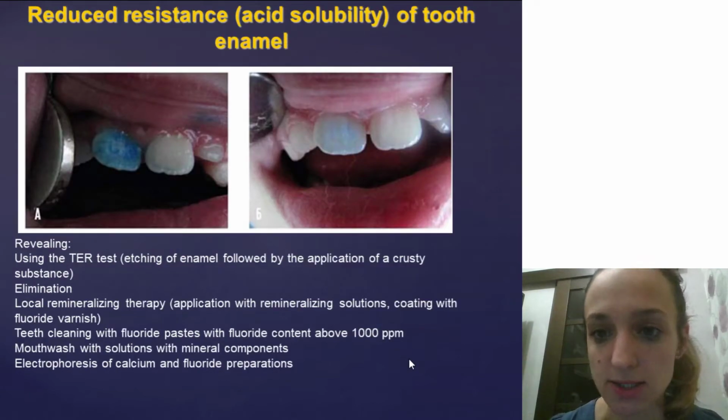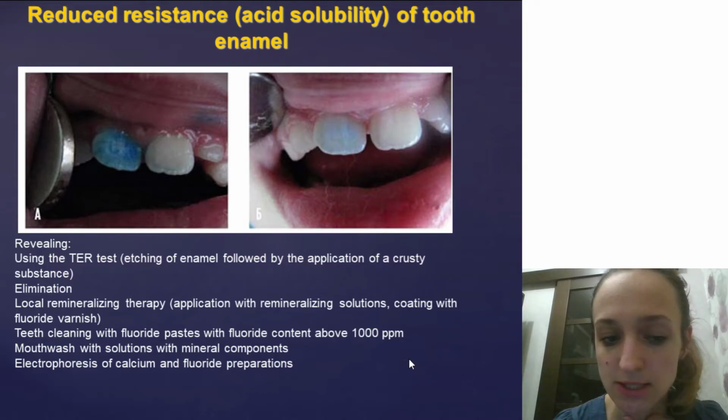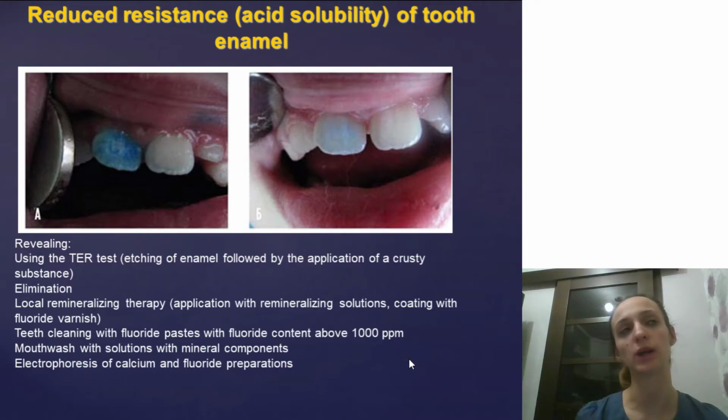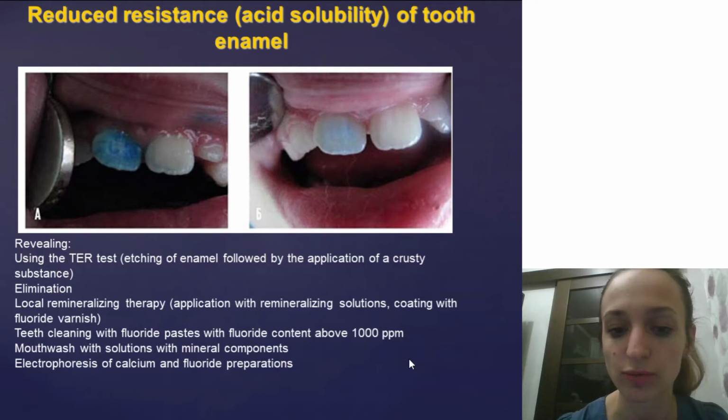Reduced resistance of tooth enamel. Please use the test of enamel resistance. You will have some questions in your tests. It is etching of enamel followed by the application of a dye substance.